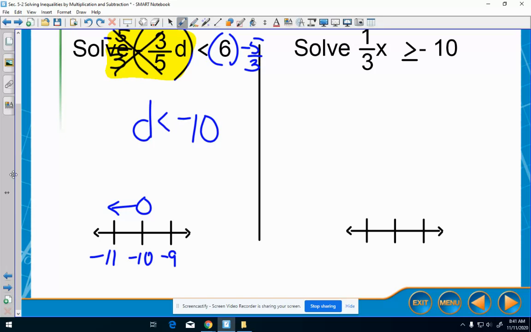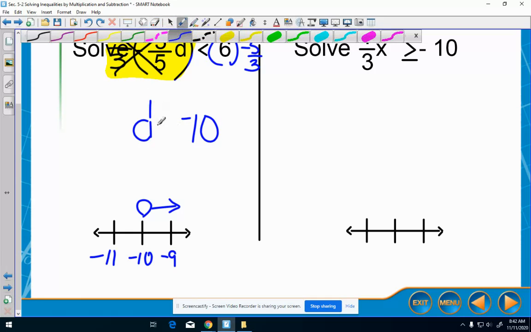And the answer is no. Now, if I come back down here for a second and I turn the sign around and send it that way, give me something that is now greater than negative 10. Something greater than negative 10 is negative 9. What is negative 3/5 times negative 9?